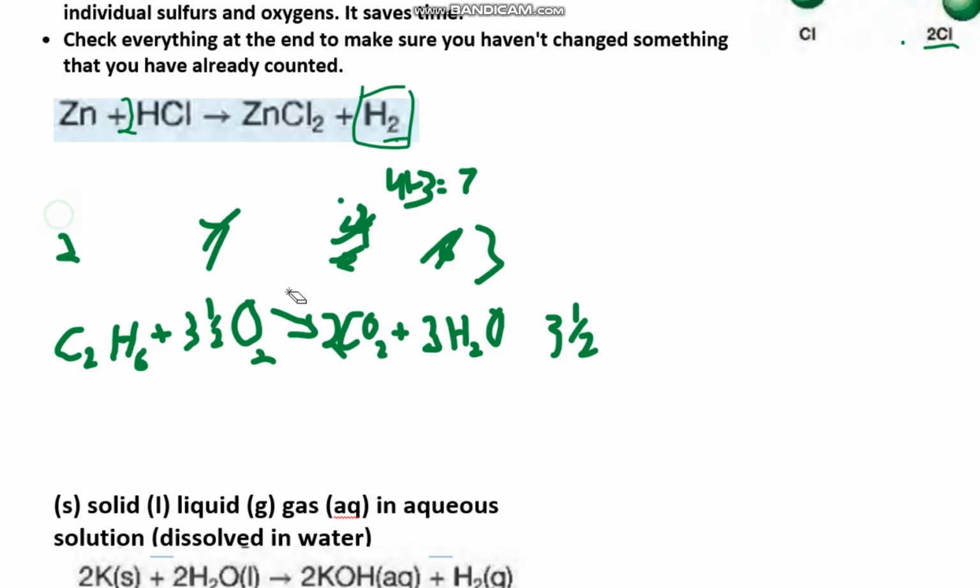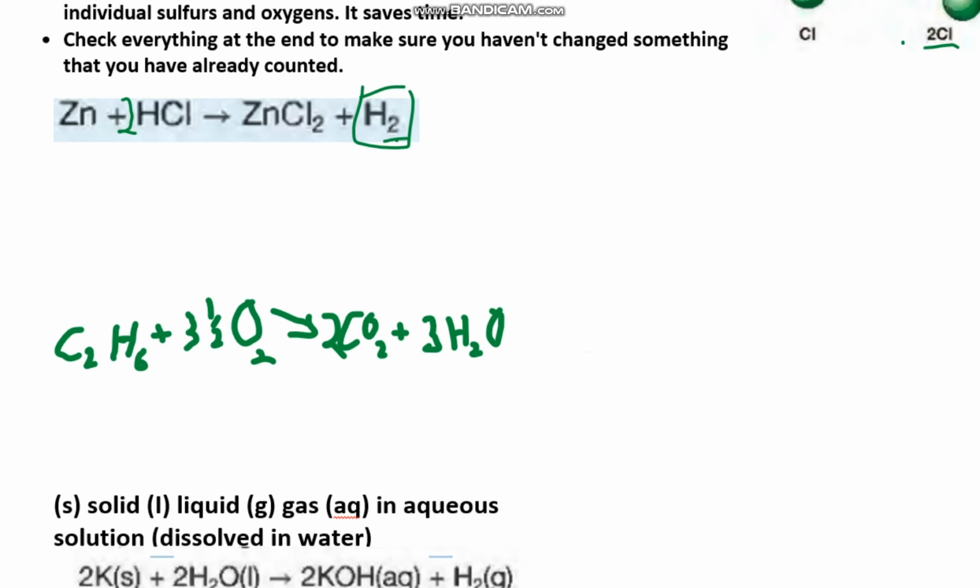So this is one thing we had happen here, and then we'll talk about how to make this a proper equation, not in a half state. So you have to just multiply the whole equation, all the coefficients, by 2.